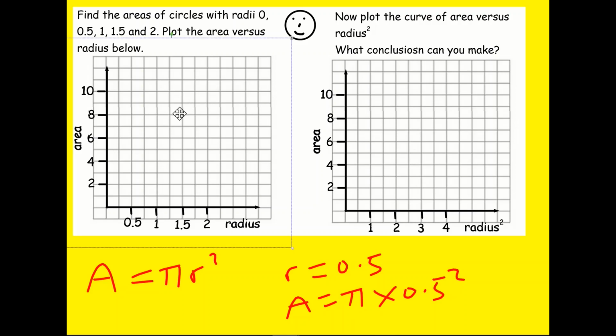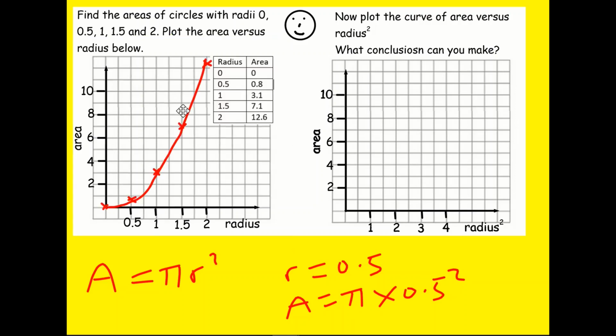You do that for all your values and then plot it, and you should have got something like this. Okay, I've tried to join it up as best I can. I've written my results, I have rounded them, and what we see is that this curve is not a straight line. In fact, it's known as a quadratic because it's got an r squared in it.